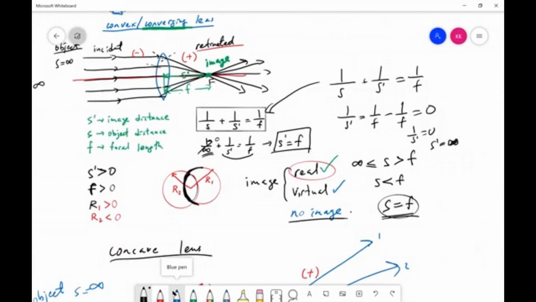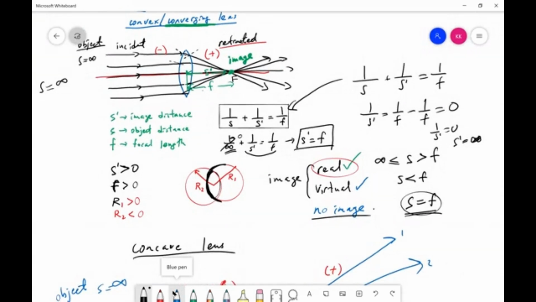Okay. That means it's real as long as the object distance is greater than, or let's say, I guess maybe like this, less than or equal to infinity. So basically it's infinity or getting closer and closer.